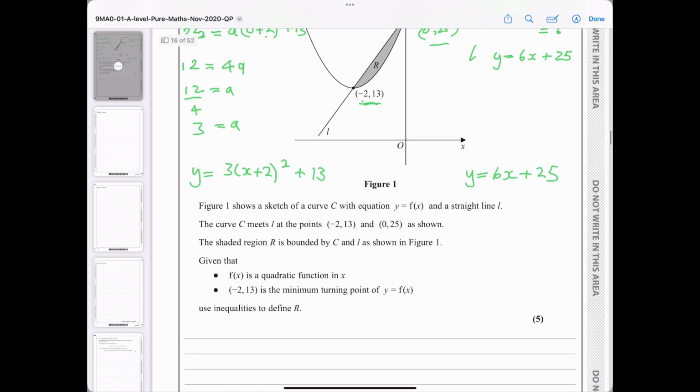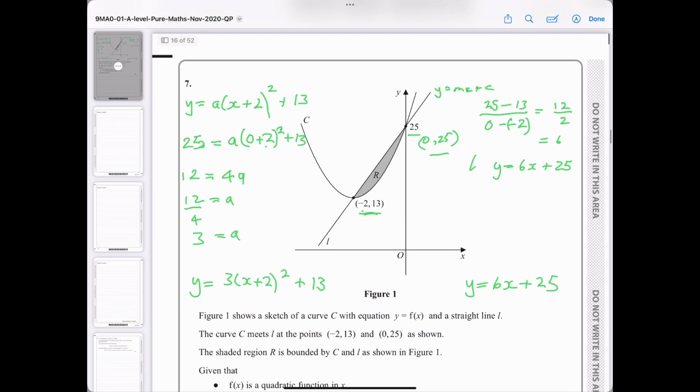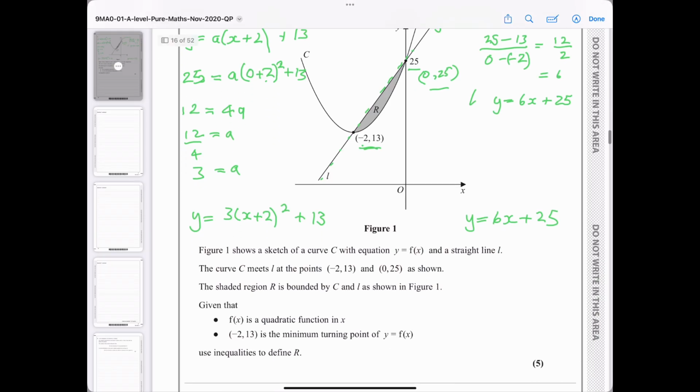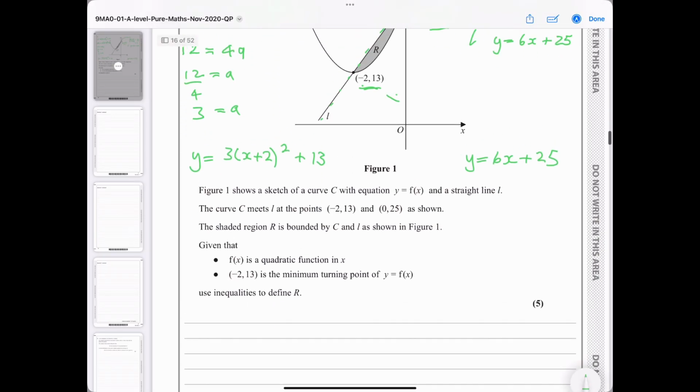But that doesn't give me what R is, so use inequalities. So I would say that y is going to be less than 6x plus 25, because it's on this side of it.